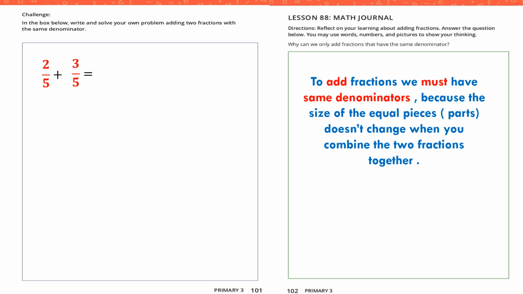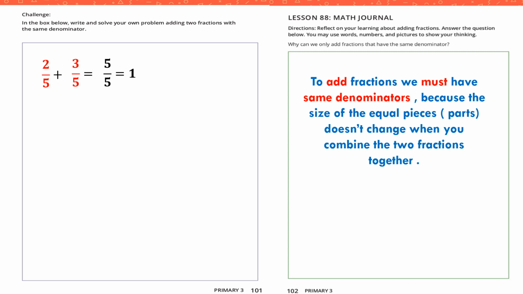And step number 2, add the two numerators. So here, 2 plus 3 up equals 5. And look at down, we have same denominators, so put 5 as it is in the denominator down. 5 over 5 equals 1 because it's a whole fraction, and we said before any number over itself equals 1.